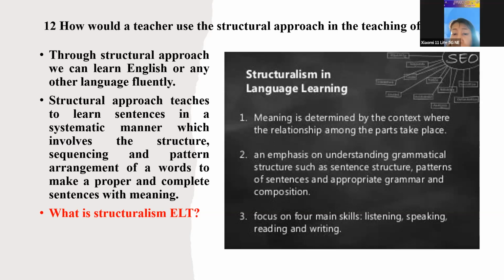Let me try. I think structuralism enables us to have cognition, because we have to learn grammatical structure and sentence structures. It can give us cognition.